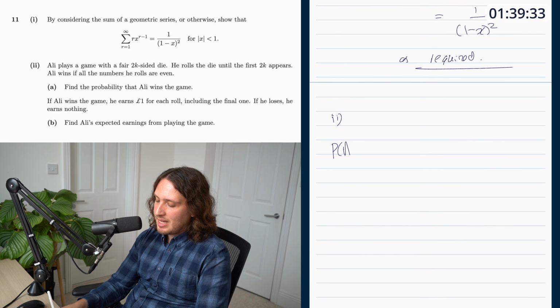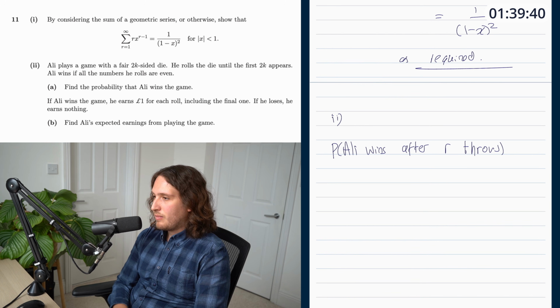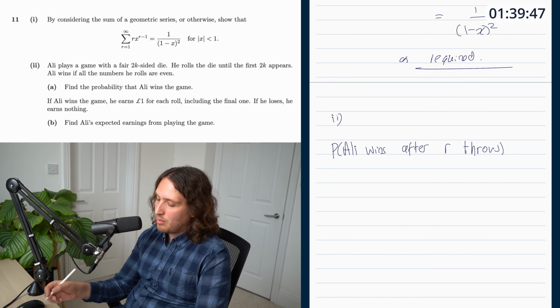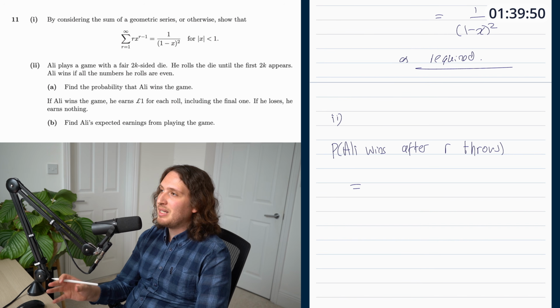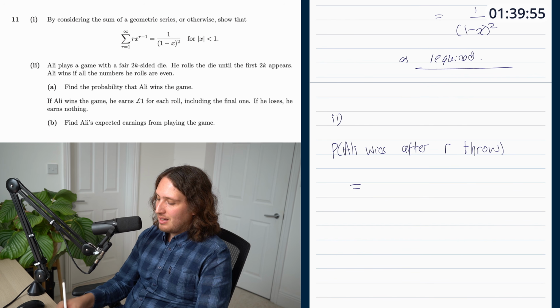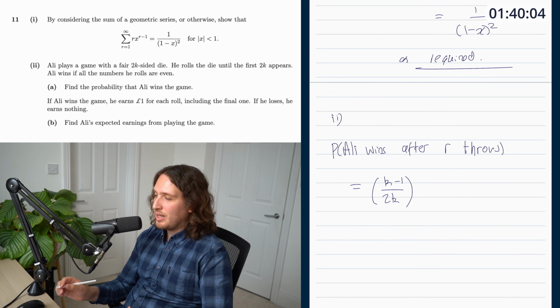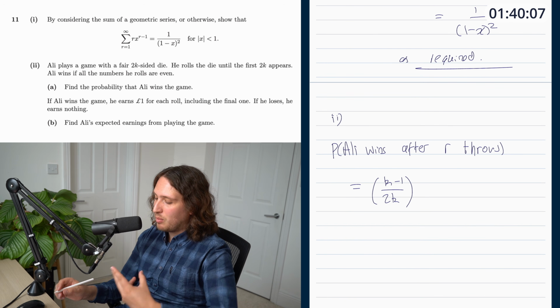So the probability that Ali wins after R throws, because he has to get a string of even numbers ending with a 2k. So that means there are 2k numbers and k minus 1 of them are good, because k of them are even, but we don't want to be getting 2k because we don't want to win too soon.